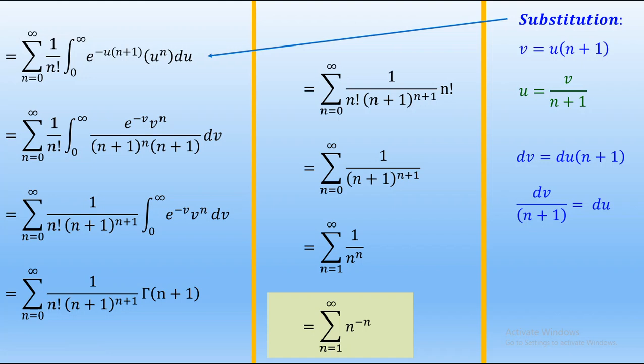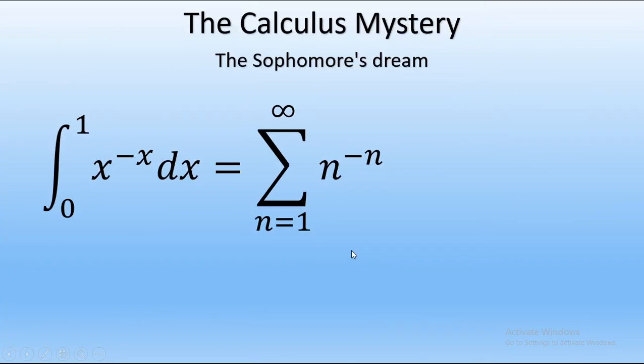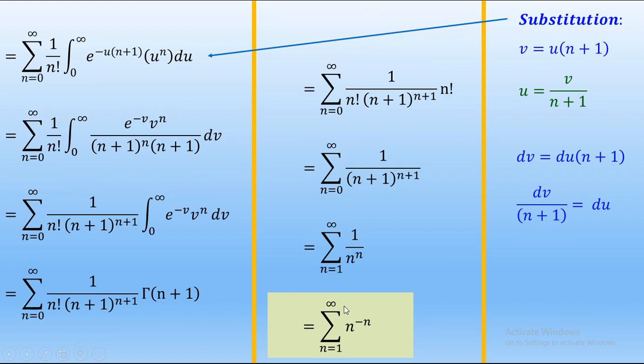So n plus 1 minus 1 becomes only n. So it becomes 1 by n raised to the power n. When this is brought to the numerator, we can see it is n raised to the power minus n.